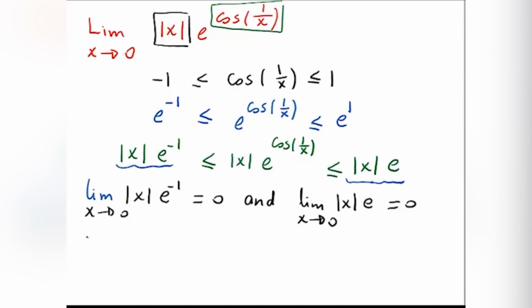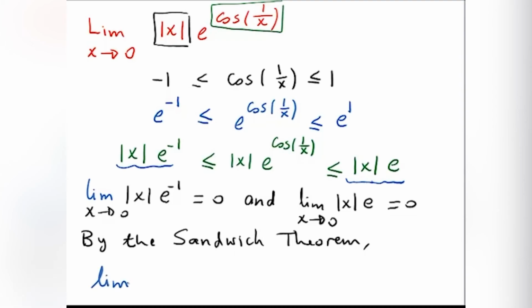By the sandwich theorem, the limit of the middle quantity must equal the value of the other limits. So the limit of absolute value of x times e to the power cosine 1 over x as x goes to 0 is equal to 0. Very simple and interesting.